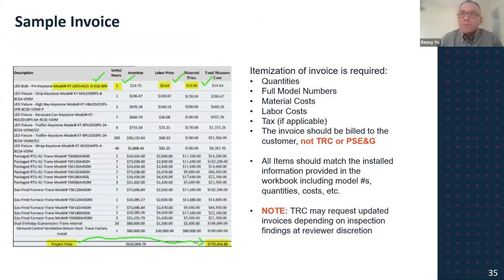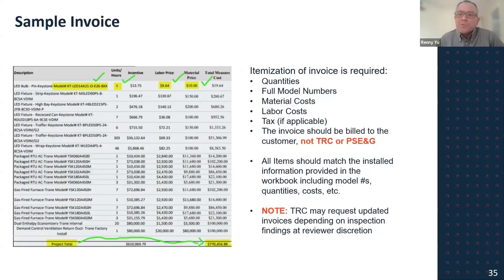And one of the other requirements, and now we're on the sample invoice, one of the required documents that seems to hold up or slow down projects is the verification of the invoice that's typically supplied by the trade ally. So the invoice should contain the model numbers, quantities, material and labor costs separately broken out, and tax if applicable.